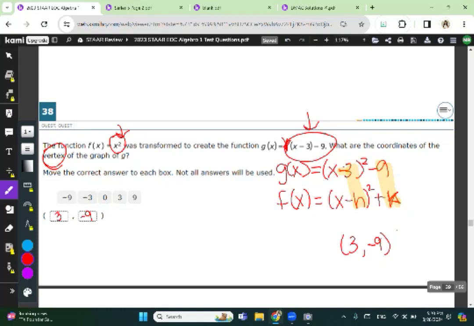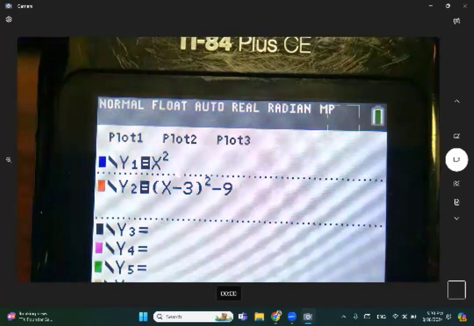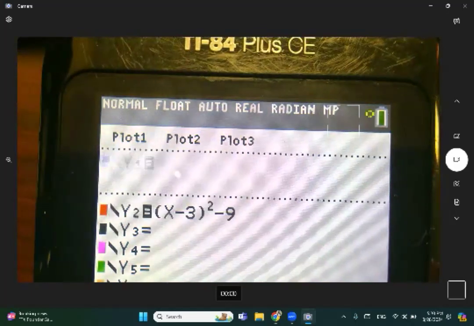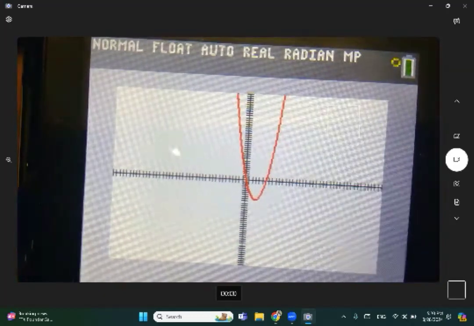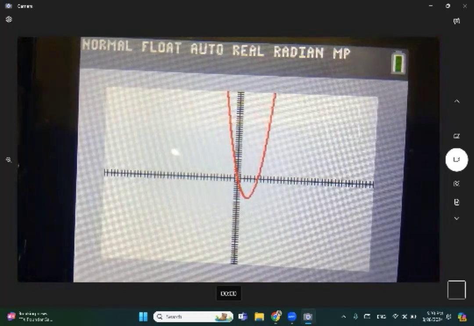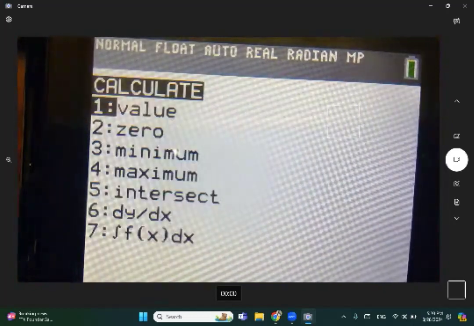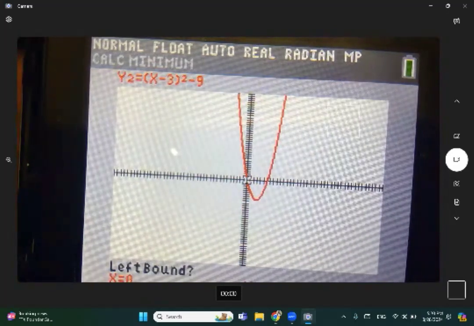Now, if you can't get that, you can type it into your calculator. I'm going to get rid of that one because all we need to know is what are the coordinates of the vertex. I can see my vertex right here. So I'm going to press second calculate. And this is a minimum, so I'm going to press number 3.